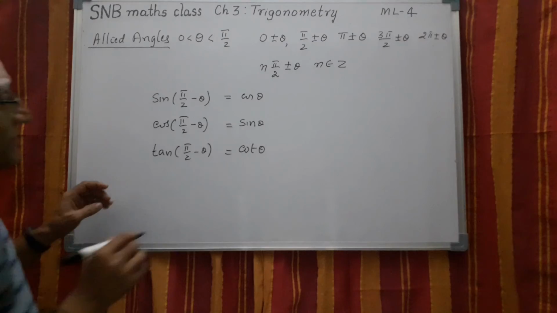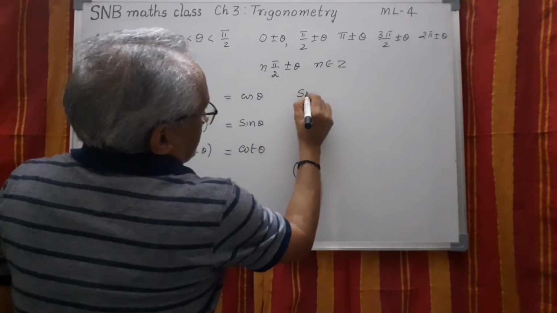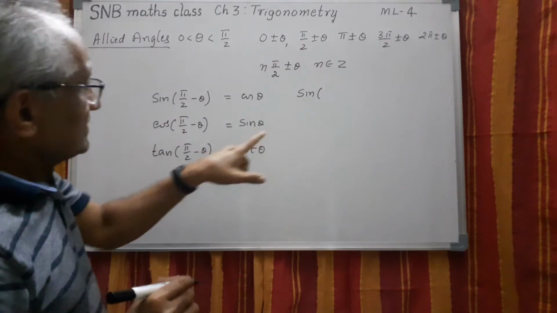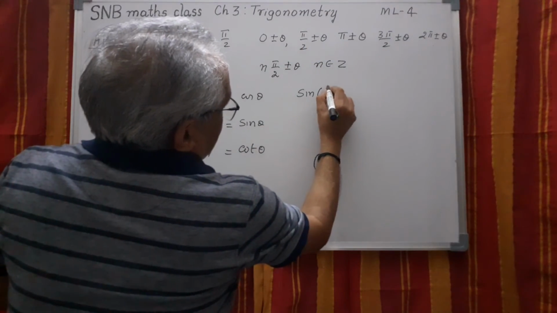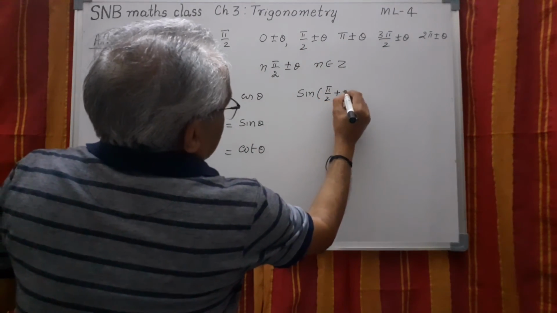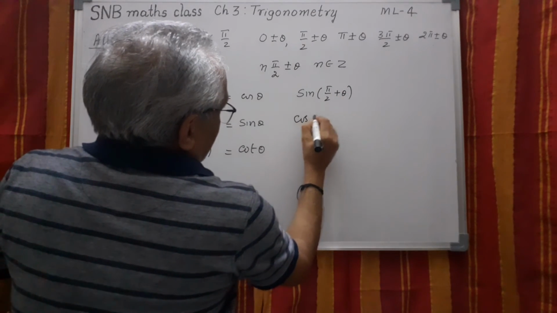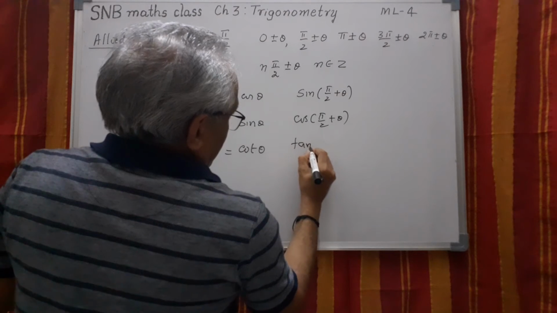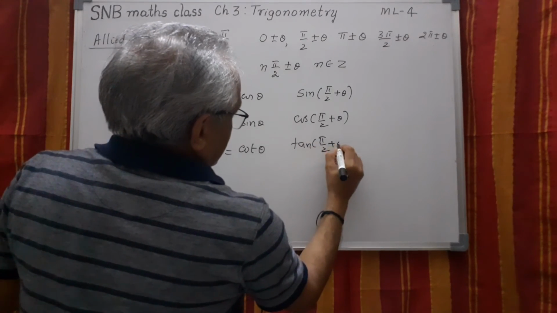Then, if you take sine, you can also take plus or minus. So you can take sin, cos and tan of pi by 2 plus theta.